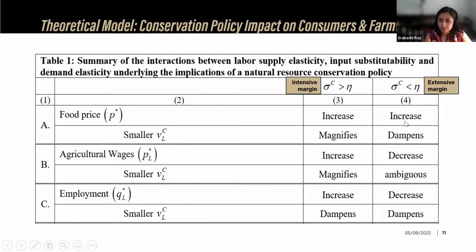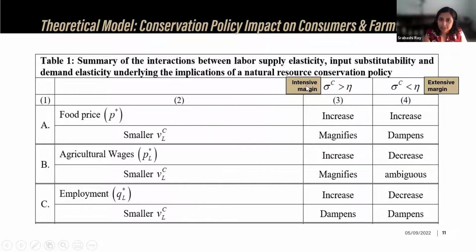There is an increase in food price, but there is a reduction in agricultural wages and employment as a result of the conservation policy. But if VL, the labor supply elasticity, is really small, then the increase in food price might get dampened, so consumers might experience a smaller increase in food price. However, the decrease in employment is also dampened. So fewer workers lose their jobs.